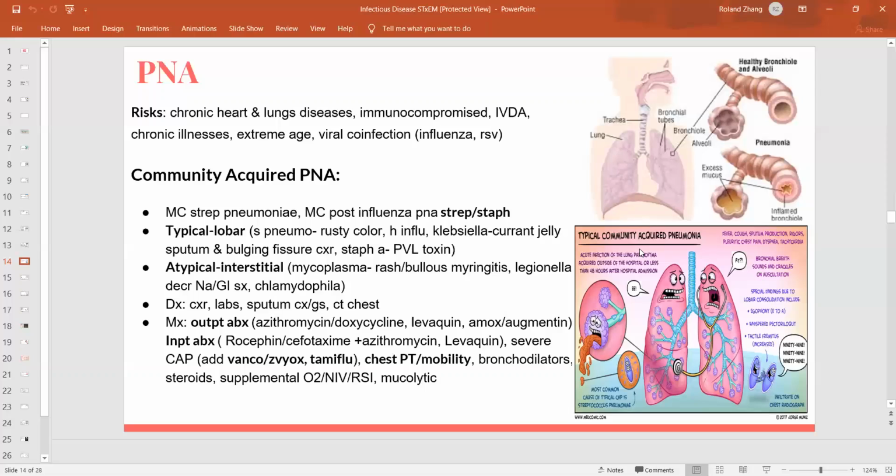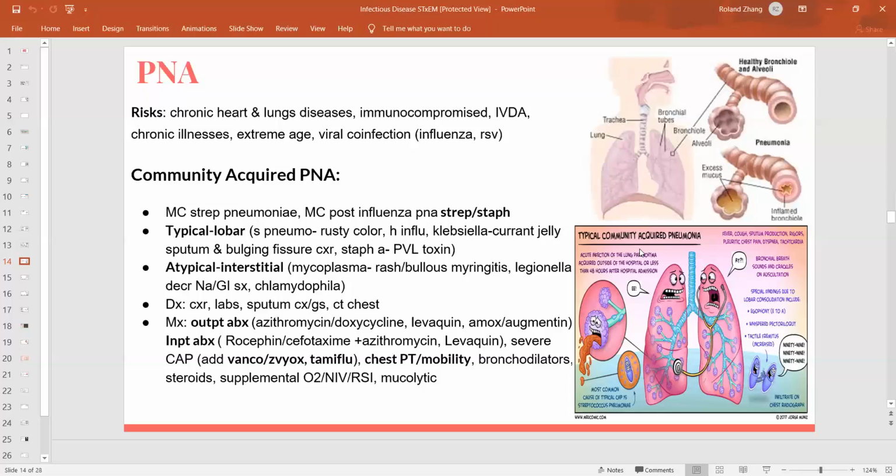And because of the high rate of resistance to Levaquin, I like to use moxifloxacin these days, which has very good lung penetration and has not been shown to be causing resistance. You can also do, like I say, a penicillin, which will also cover your most common bacteria.